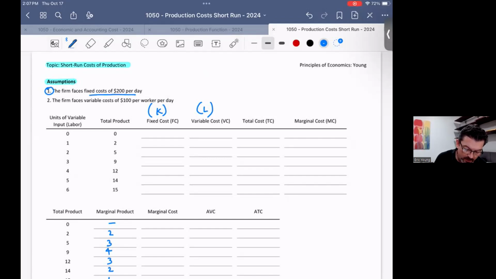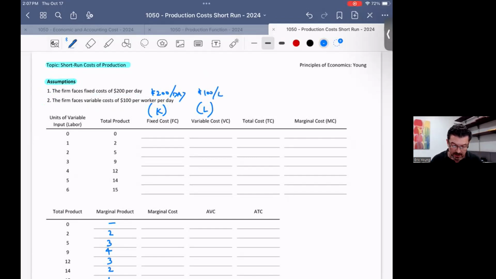We're assuming number two, that we can hire workers, which is variable. We can hire as many or as few as we want, but no matter how many we hire, we have to pay those workers $100 per day. So once again, we're going to assume fixed cost of $200 per day and variable cost of $100 per worker.